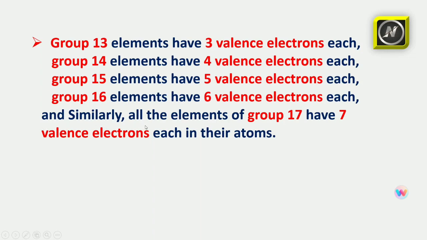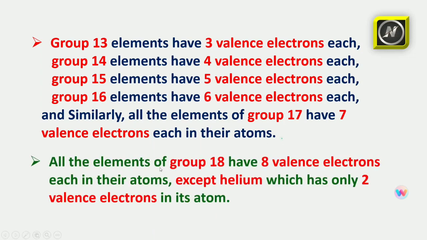And similarly, all elements of group 17 have 7 valence electrons each in their atoms. And what about the 8th group elements? All the elements of group 18, meaning the 8th group elements, which are also called zero group elements, have 8 valence electrons in each of their atoms except helium.